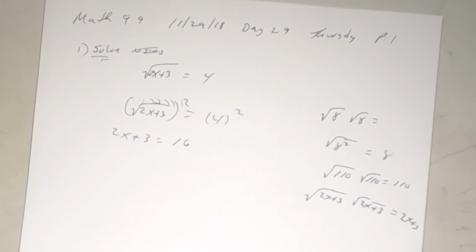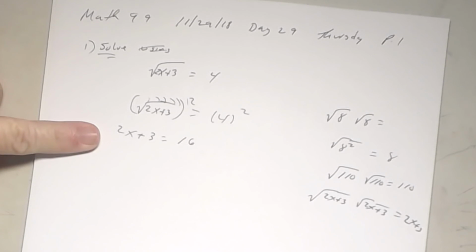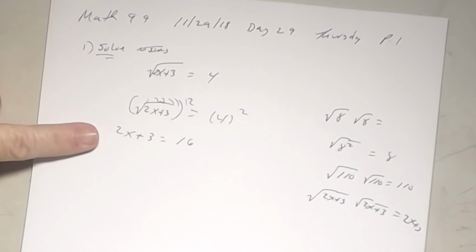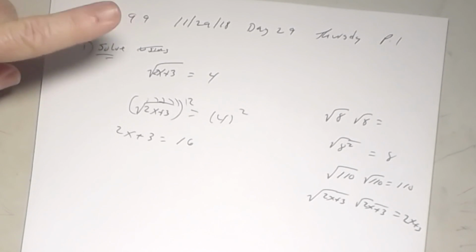But be aware that if we had more time, there would be problems where you go from radical to quadratic, and then you would have to check for extraneous roots. Extraneous means that your solution is not a solution to the original.